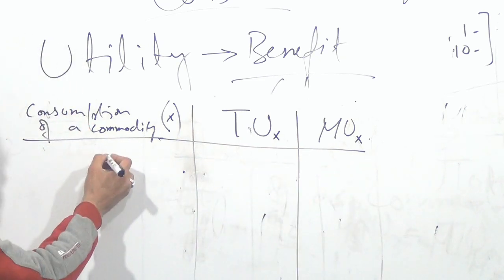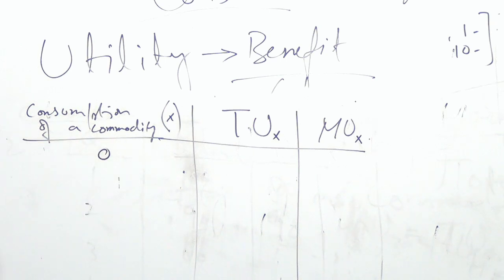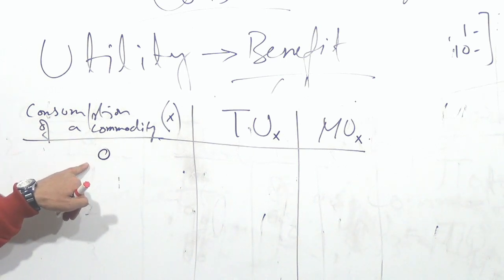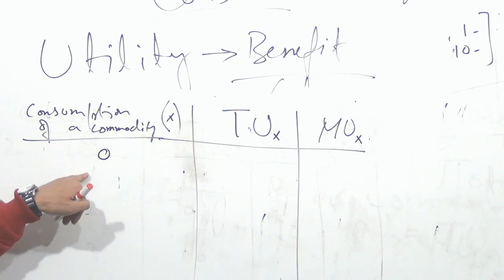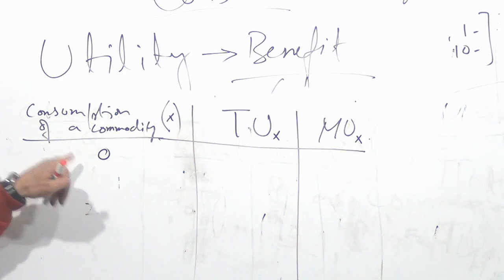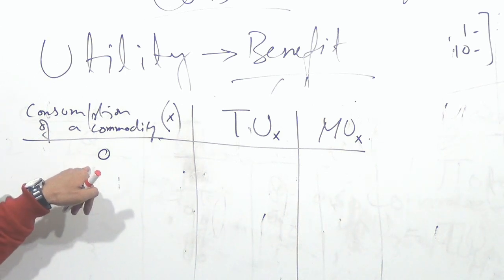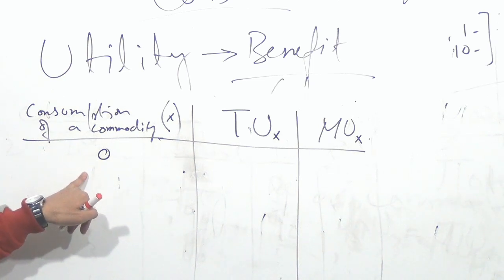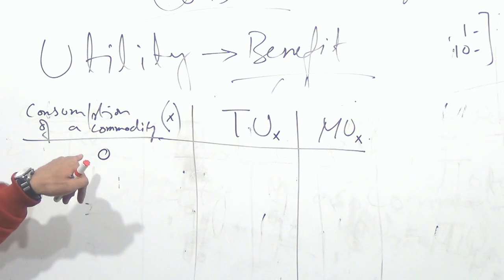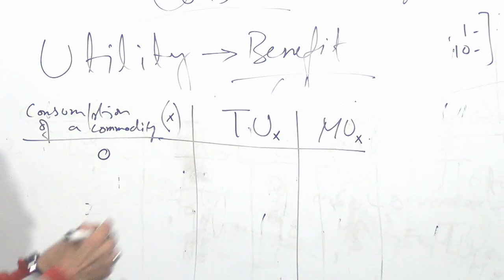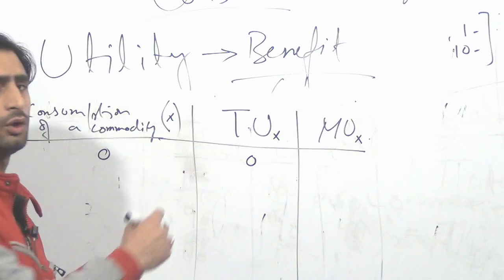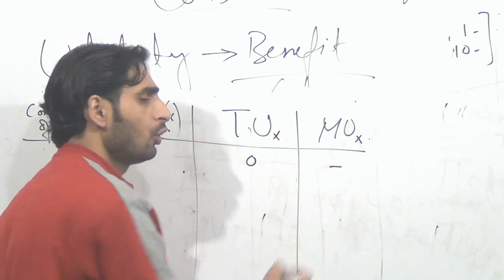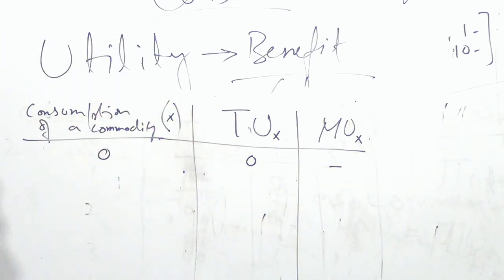I am consuming the first unit, say 0. I am starting from 0 in order to make you understand how graphically this 0 will matter. Otherwise the curve will start anywhere else. So the total utility here will be 0 as well. There will be no marginal addition in the units.